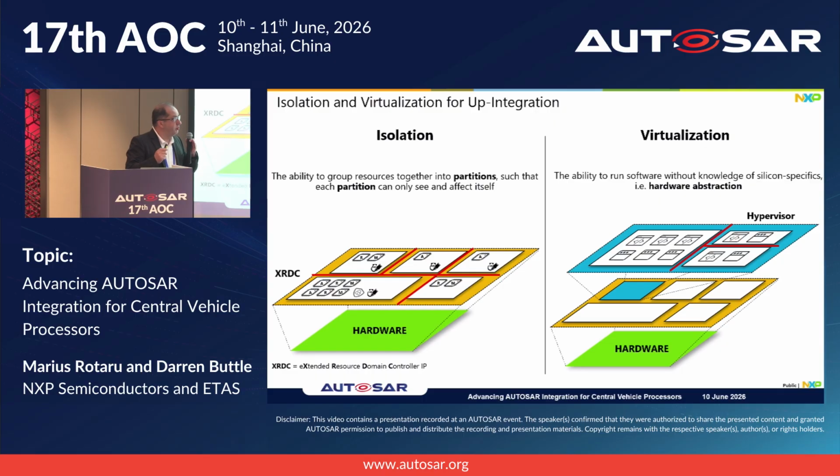First of all, in brief, isolation means the ability to put resources together into a partition such that each partition can see and affect only itself, not affecting the others. Virtualization is a layer above. It's the ability to run software without knowledge of the silicon specifics. So we can say that we can virtualize a core running on a specific core.